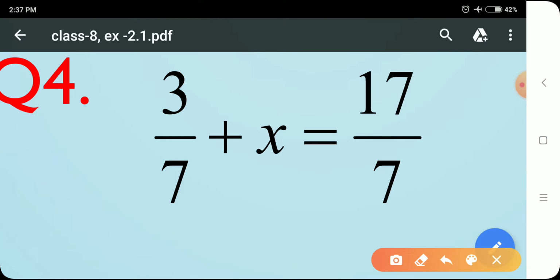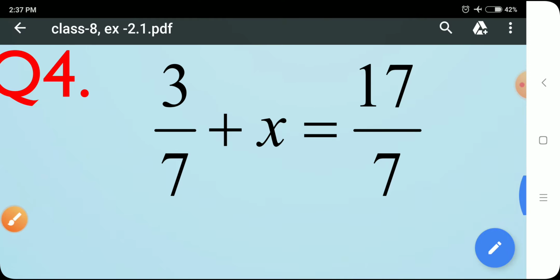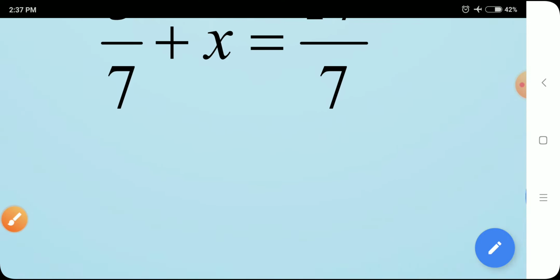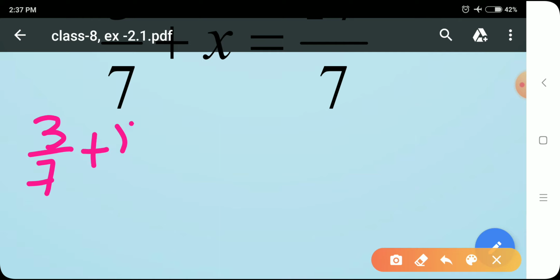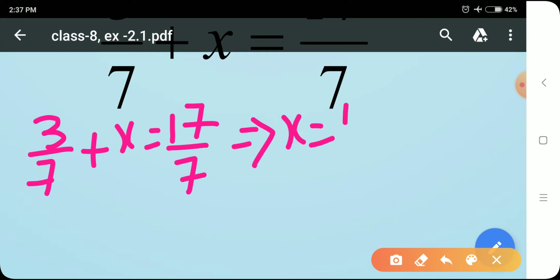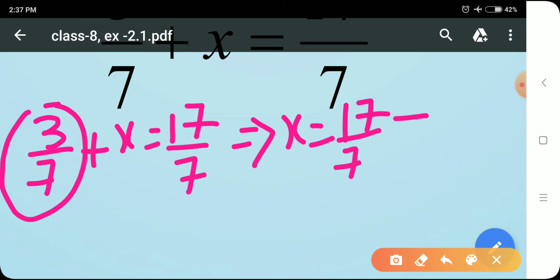And question number 14. 3 by 7 plus x is equal to 17 by 7. How will you solve it? You have to find out the value of x, so you will write x here, and this 17 by 7 minus 3 by 7. The 3 by 7 is positive here, so it will change into minus 3 by 7.